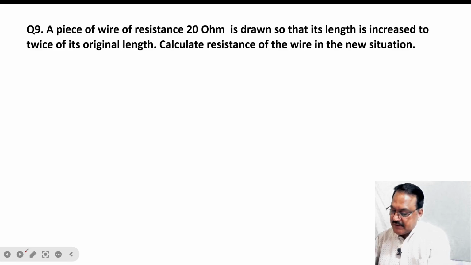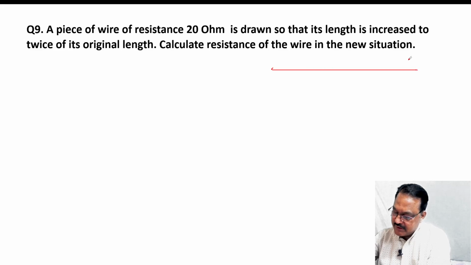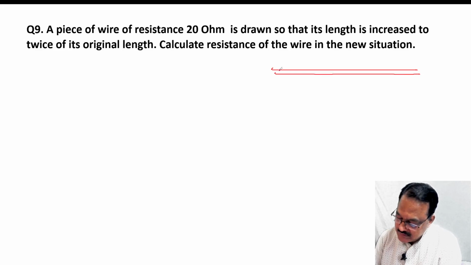The resistance of a wire, let us suppose this is one wire given here. You must be habituated to draw the diagram in any case, and especially in physics it is a must for more clarity. So this is the wire, and this is the cross sectional area.